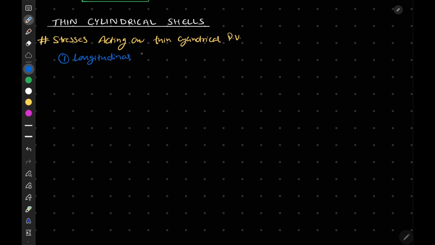So the first one is your longitudinal stress, and it is also indicated by your sigma L. Okay, the second one is your hoop, also known as circumferential stress, that is your sigma H. Okay, and the third type is your radial stress.